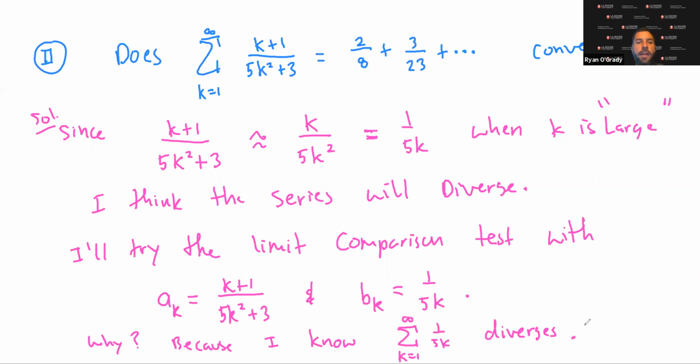So I think that this term resembles a known series that diverges, so I think the one I'm after is going to diverge. All that's left is for me to take the ratio of these two terms. That's what the limit comparison test says, and then it says determine what this number is.